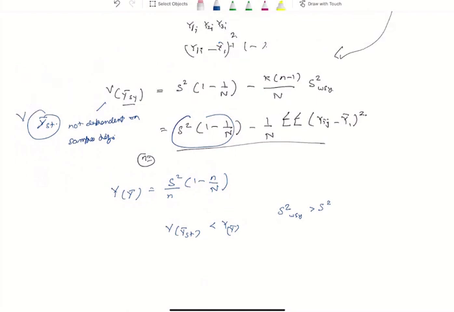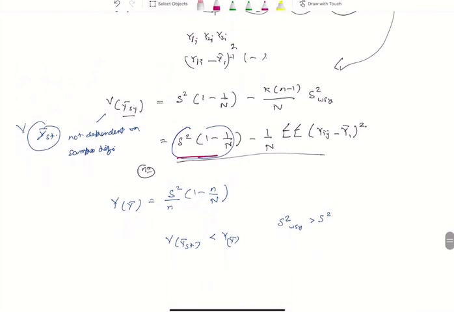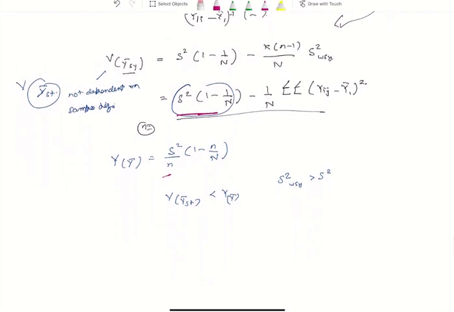They cannot be directly compared because this one is S square times (N minus 1) upon N, minus the summation, while this one is S square upon n times (N minus n) upon N. But what we can stipulate from this is that the variance of y bar st is going to be less than the variance of y bar if the within sample variance is more than the population variance.